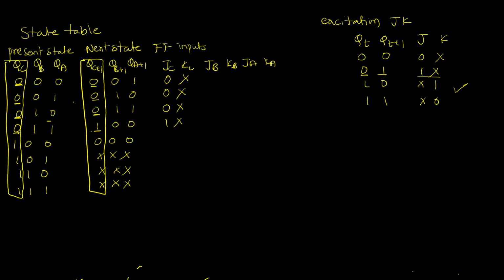Right? Similarly, we need to proceed with the rest of the cases. For the next case 1 0, it is don't care 1. When the next state is don't care and the present state is something, it doesn't matter.